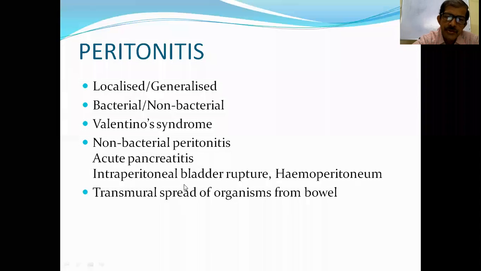It is transmural spread of organisms from the bowel, which we commonly call translocation. So from inside the lumen they will come out and cause diffuse peritonitis. So mainly basically localized, generalized, bacterial, non-bacterial.